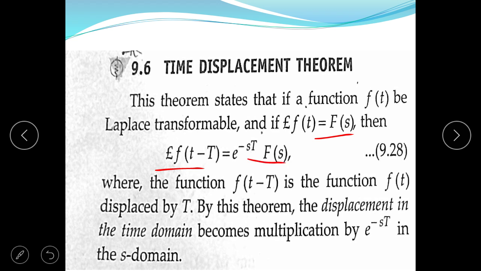Simply, this is the time shifting theorem we have discussed earlier, where the function f(t minus T) is the function f(t) displaced by T. So by this theorem, the displacement in the time domain becomes multiplication by e to the power minus sT in the s domain. This we have discussed in the second shifting theorem.